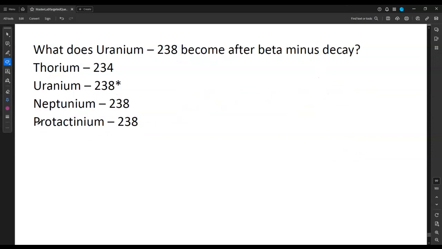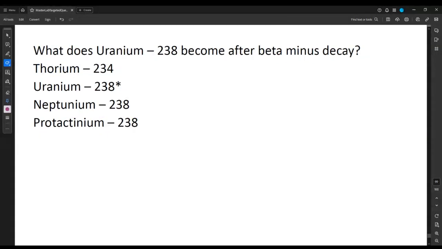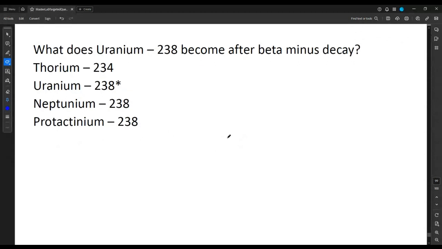Okay, very similar question, but this time beta minus decay. We saw an example of beta minus decay earlier with hydrogen 3 turning into helium 3. Let's see what it is for uranium now. All right, so uranium 238 from the example. If we look that up, or you might remember by now, uranium has 92 protons, then the difference in these two numbers is 146.